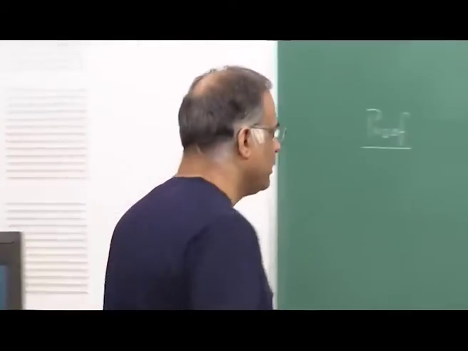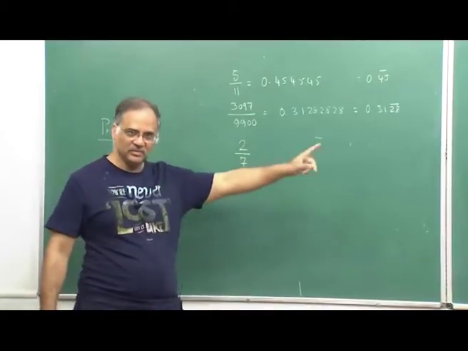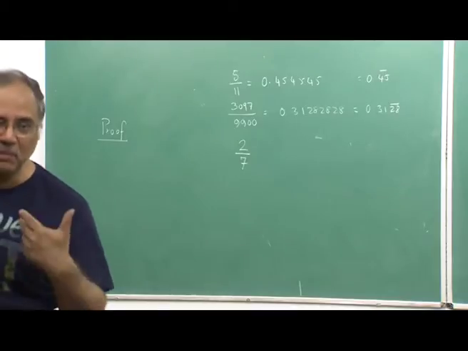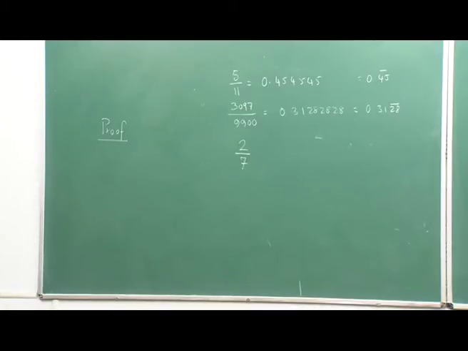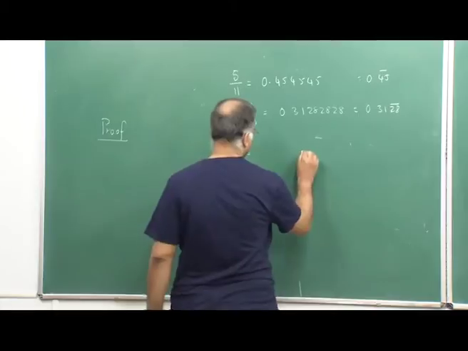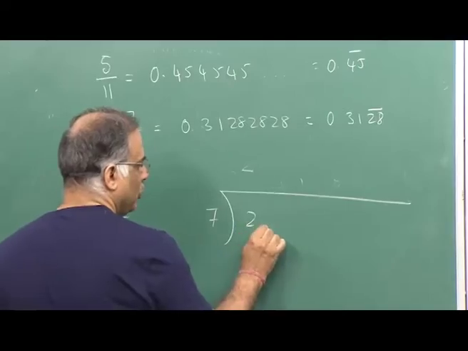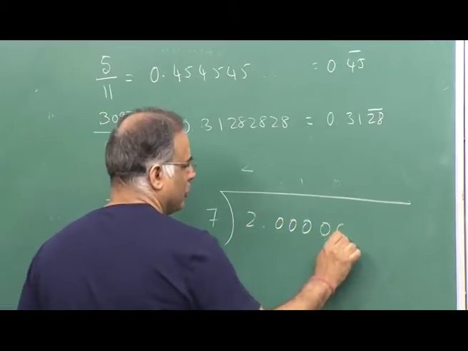So, this means it cannot be a terminating decimal, it must be a non-terminating decimal. So, let us see if I divide 2 by 7 what would happen. So, here is a 7, 2 can be written as 2.000000.